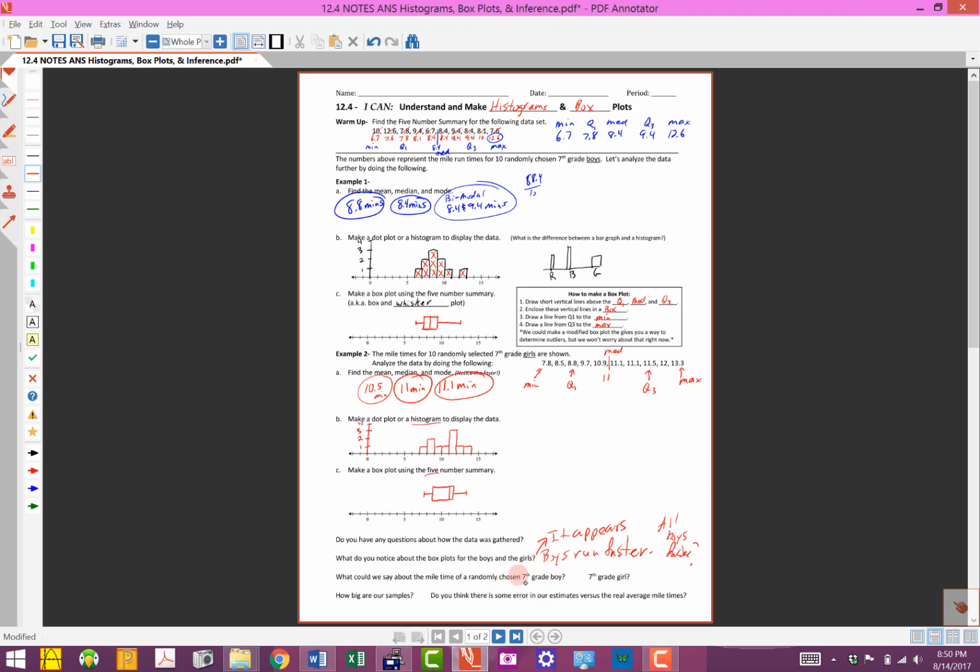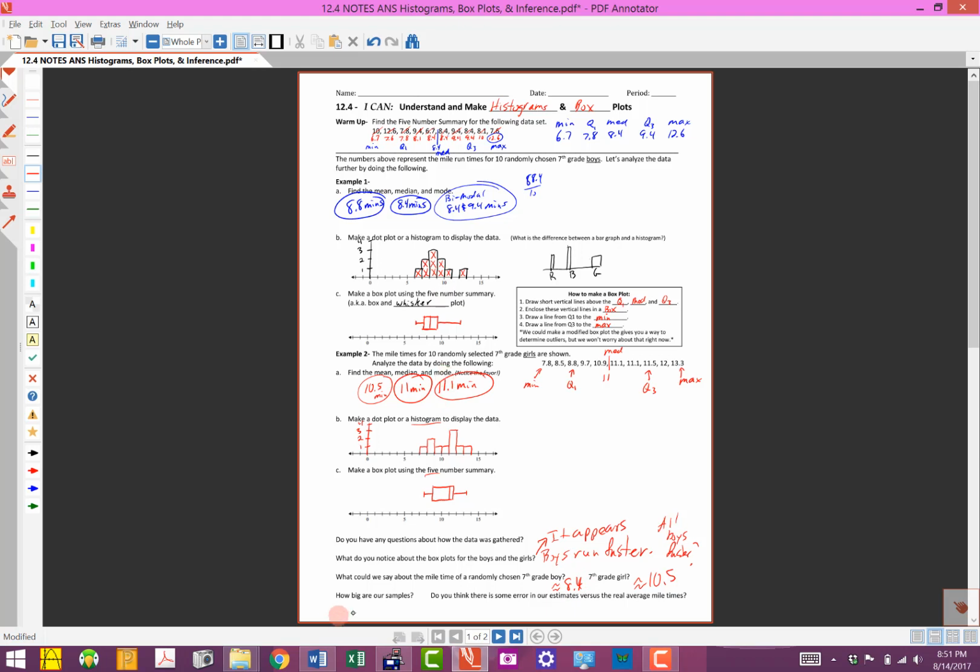So if you randomly chose a 7th grade boy at this school, and randomly chose a 7th grade girl at this school, we could probably make a guess that the boy's probably going to run it in about 8.4 minutes. And a girl's probably going to run it in about 10.5 minutes, because typically that's what happens. On average, that's roughly what the center of those distributions is.